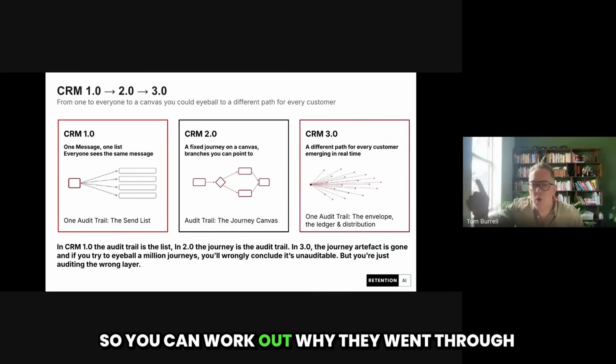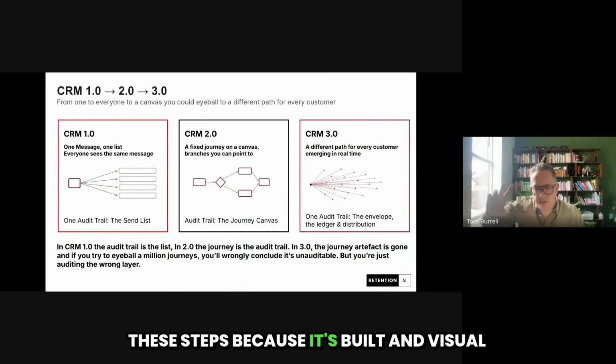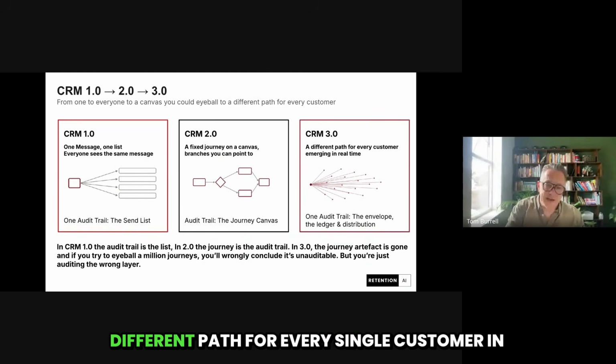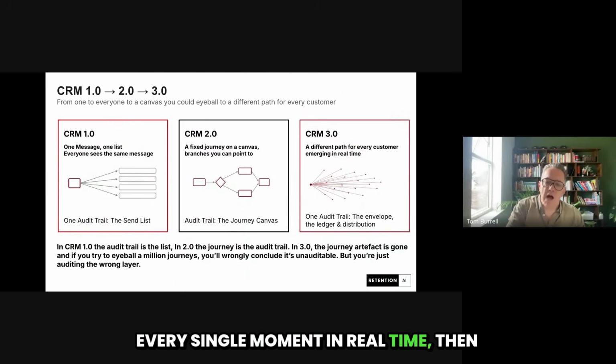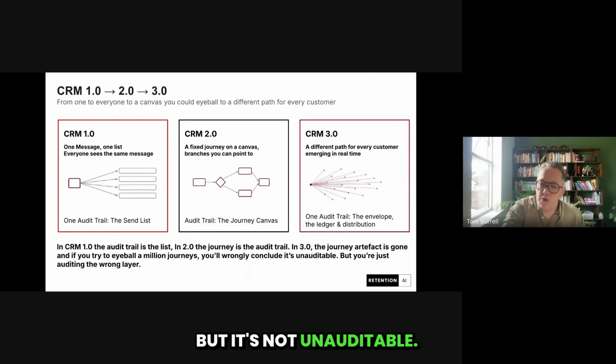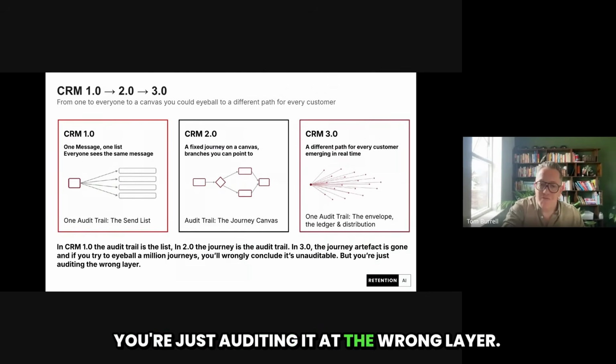You can work out why they went through these steps because it's built and visual in your journey canvas, and you can find customers across every single step. In CRM 3.0, because you're building a different path for every single customer in every single moment in real time, you'll wrongly conclude that it's unauditable.